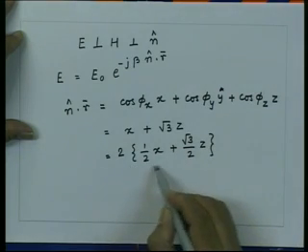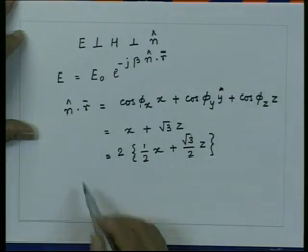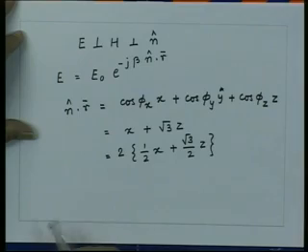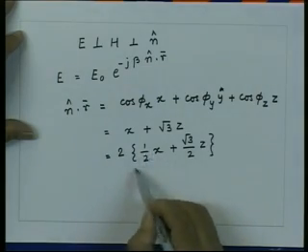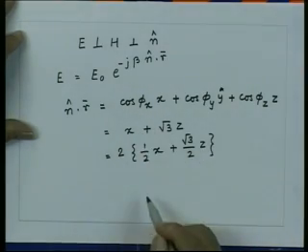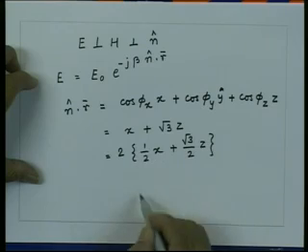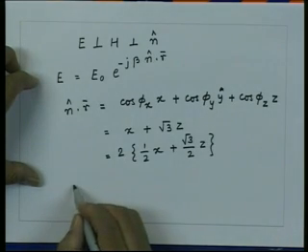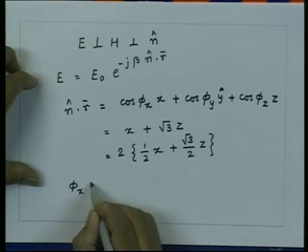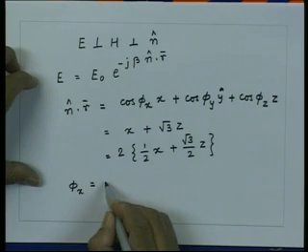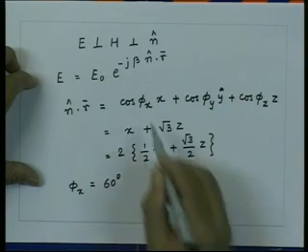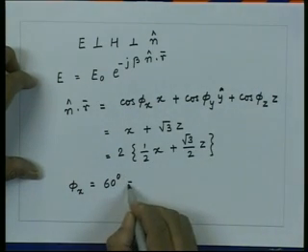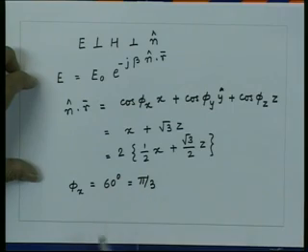That is the quantity which represents n dot r. This quantity corresponds to cos of phi x. Comparing these two, we get cos phi x equal to half, so phi x is equal to 60 degrees, that is pi by 3.